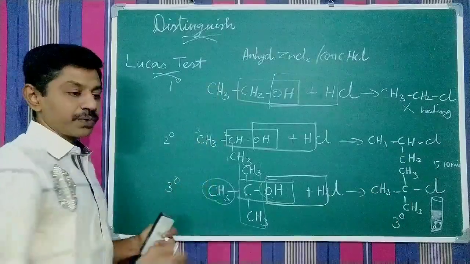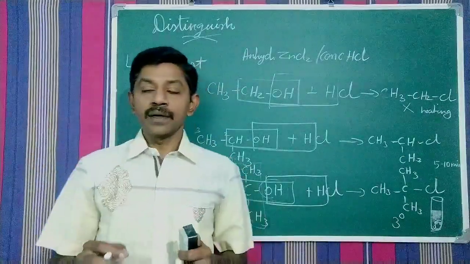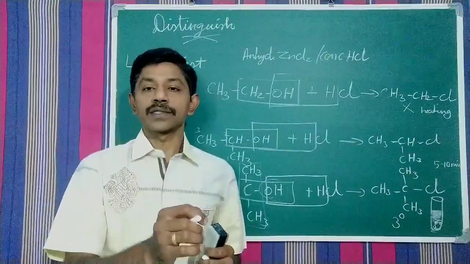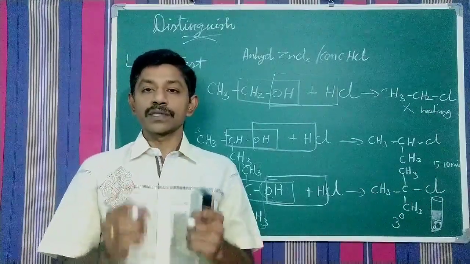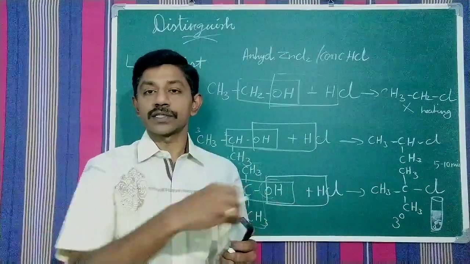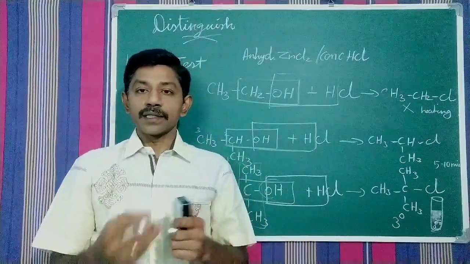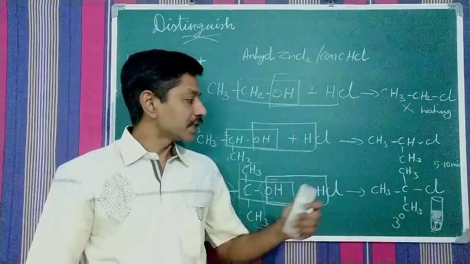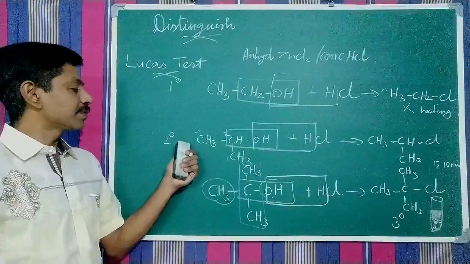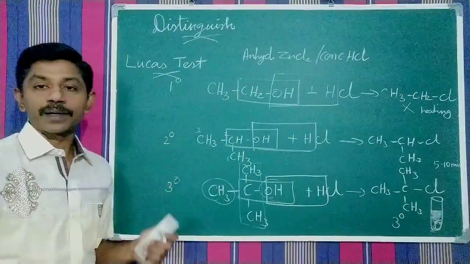So, 3 test tubes are taken: one with primary alcohol, the second with secondary alcohol, and the third with tertiary alcohol. Then he adds Lucas reagent to every test tube. The substance that forms turbidity immediately is the tertiary alcohol, the next after 10 minutes is secondary, and that one is primary.